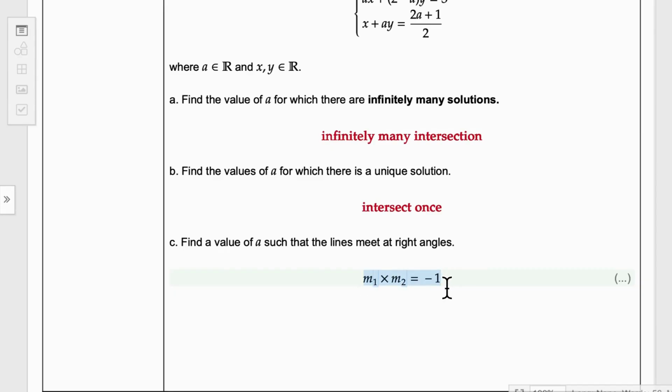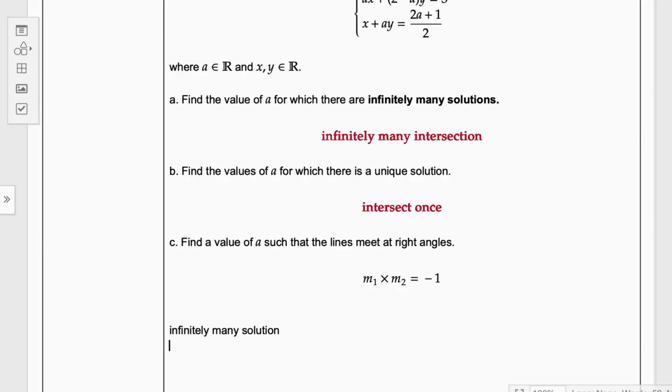Once again, for the two lines to meet at right angle, the product of the gradients needs to be -1. Also, for the two lines to intersect infinitely many times, or have infinitely many solutions, the condition will be that the gradient is the same and also the y-intercept is the same.